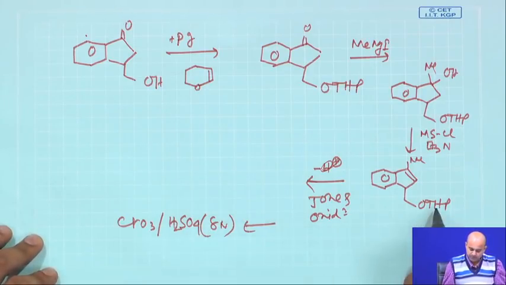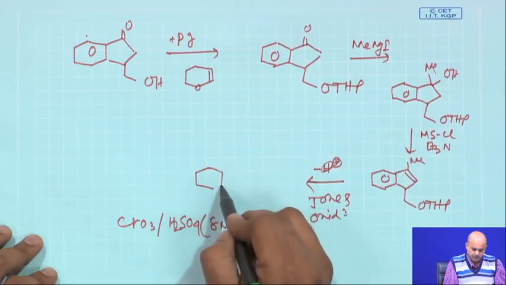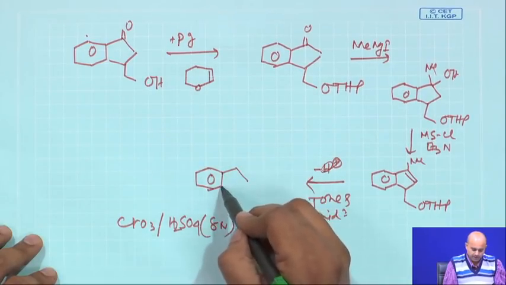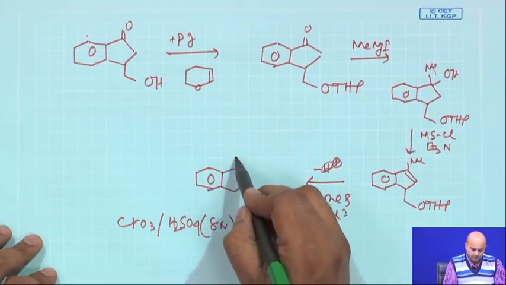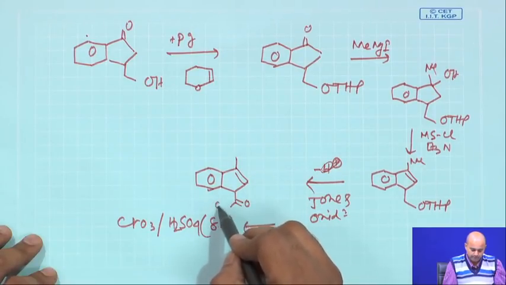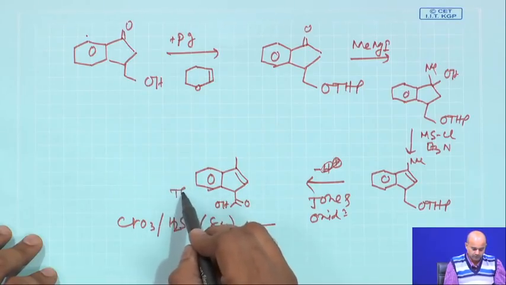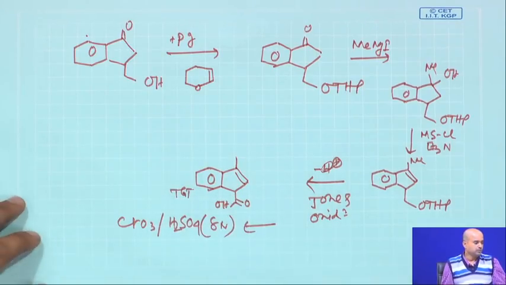So, what happened? First, if you treat this compound with Jones reagent, OTHP removal takes place at the initial stage, and then subsequently this alcohol was oxidized to the corresponding acid. So, this was the target molecule which was initially given to you.